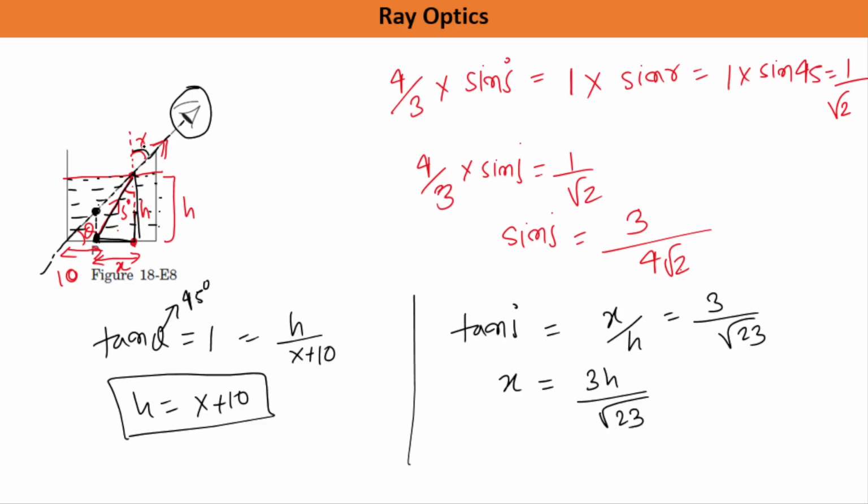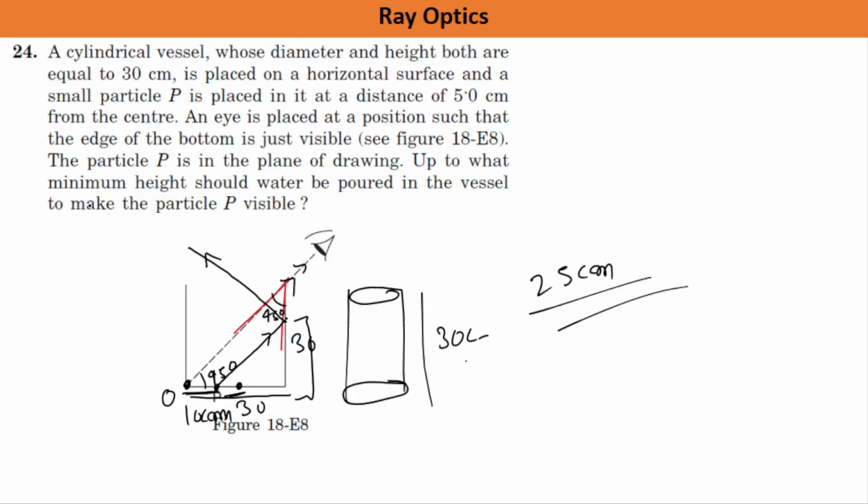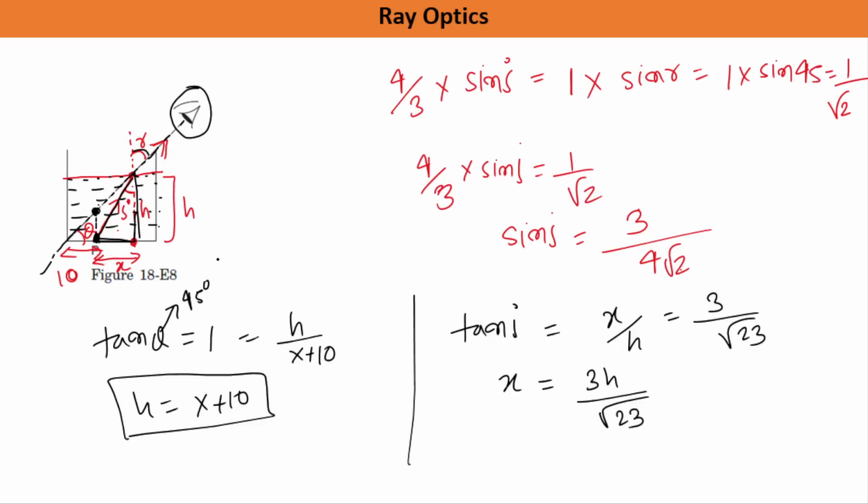The relation of apparent depth and real depth we write for the paraxial range, right, when light is incident along the normal. But here light is not incident along the normal; it is incident at an angle i which is very substantial, 45 degrees. Done. So we cannot use that.